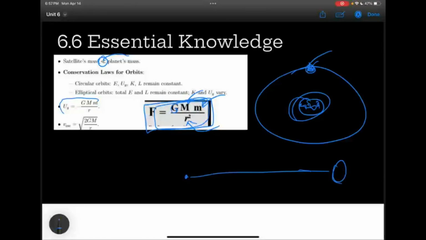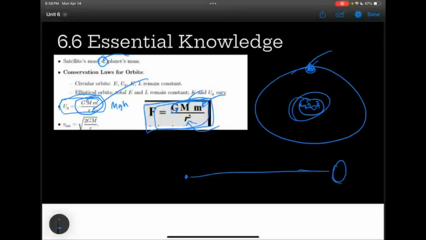And for potential energy of gravity, when we're on Earth, we can just use mgh. But if we're just two things across from each other within the universe, that can be described by this formula. So if they're infinitely far apart, they'll have zero gravitational potential energy with each other.